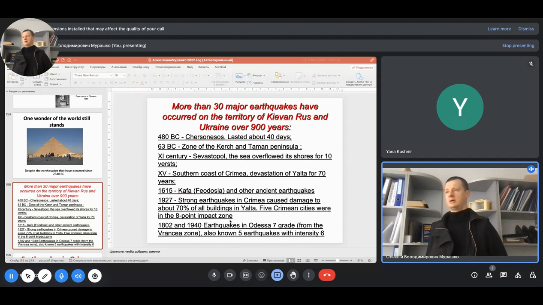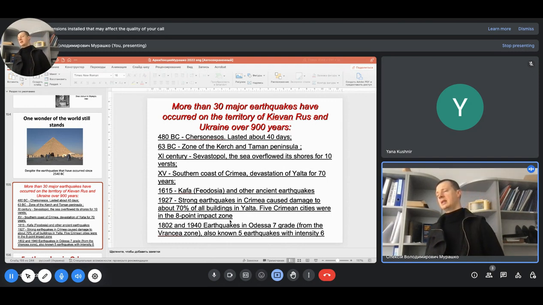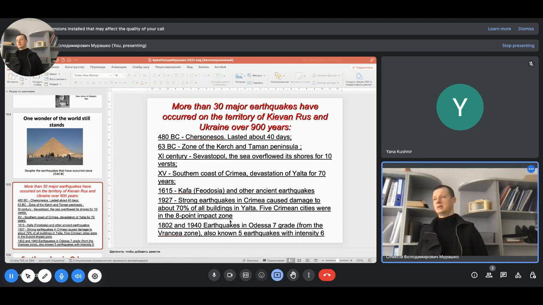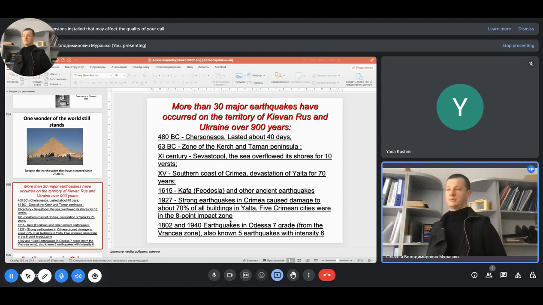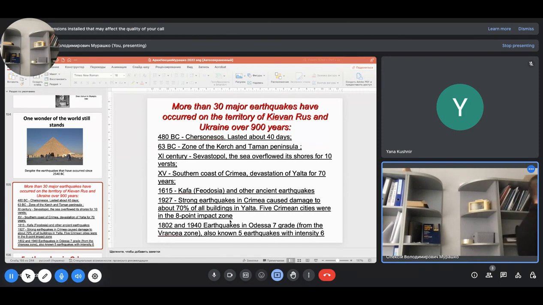And our local earthquakes: the 11th century in Sevastopol, the 15th century Kaffa earthquake in Crimea, 1927 a strong earthquake, and also the Odessa earthquakes in 1802 and 1940.